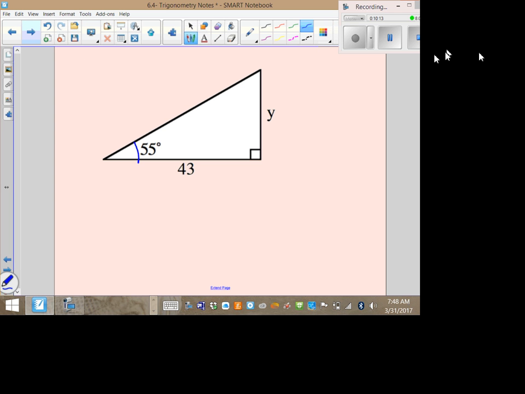Alright, so here we're standing at our 55. You're always going to stand at the angle that is given to you. You're never going to stand at the 90-degree angle. So here's your adjacent, here's your opposite. I'm going to write out my SOHCAHTOA. I have my adjacent and my opposite, so that's tangent.